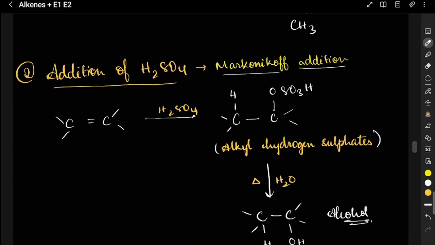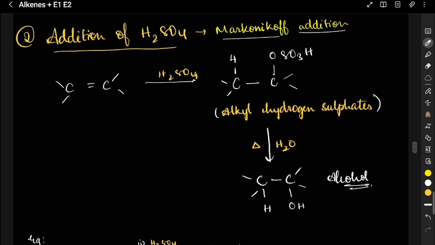Now, the second reaction is addition of H2SO4. Let's discuss this in detail. You take an alkene and react it with dilute H2SO4. This double bond is going to break, and one hydrogen is added, and on the other carbon OSO3H is formed.